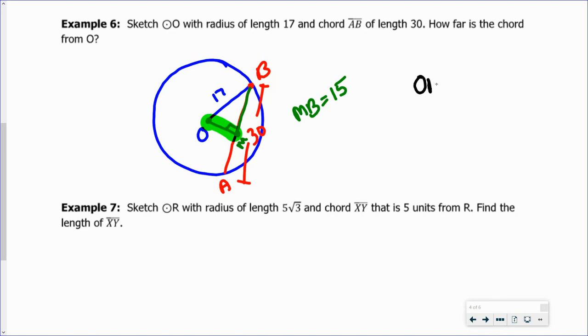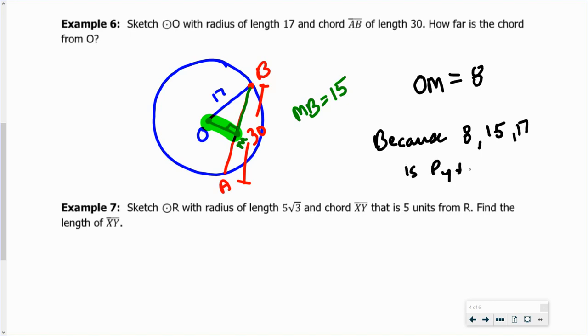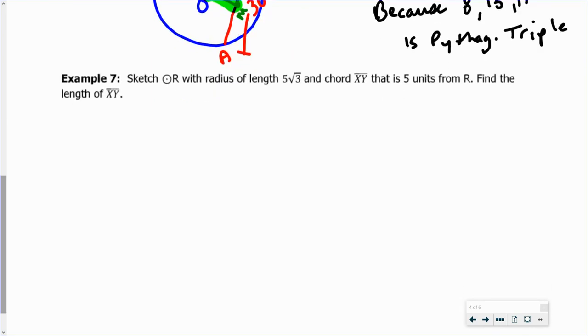But OM is going to have to equal 8 again, because 8, 15, 17 is a Pythagorean triple. And like I said, if you don't remember the Pythagorean triples, it's not a big deal. You can just apply the Pythagorean theorem, and you're going to be able to find the solution in the same fashion.